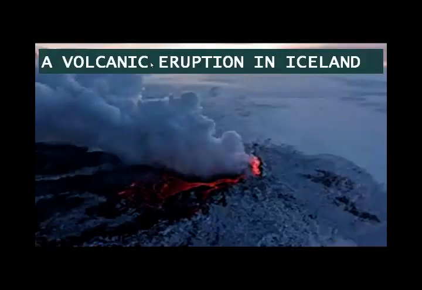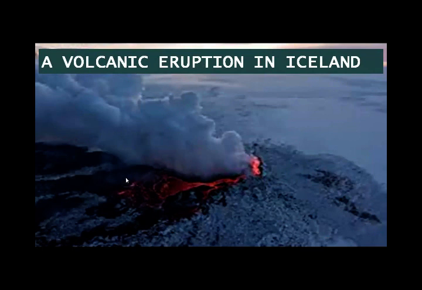Now, the volcanic eruption. What is the volcanic eruption? It is an amazing fact present in your book on page number 80. You can see this picture. A volcanic eruption in Iceland in 2010 created lots of air pollution due to the ash clouds. This caused a very high level of disturbance in the air.